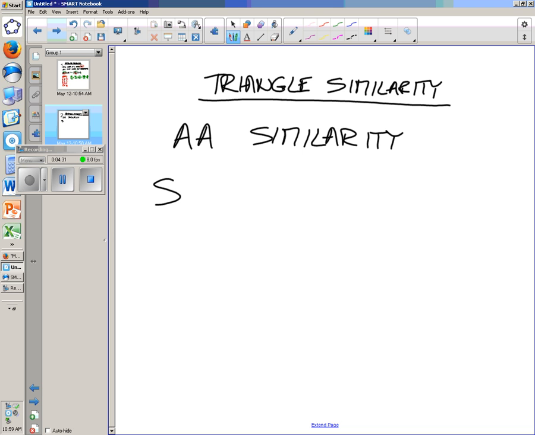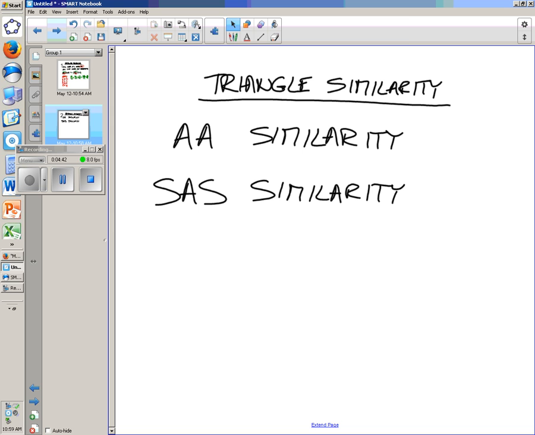The other two, you do know some sides. So side-angle-side similarity. That's one of the other two. In other words, you have the included angle, whatever that is. The two angles are congruent between these two triangles, but the sides are in the same scale factor.